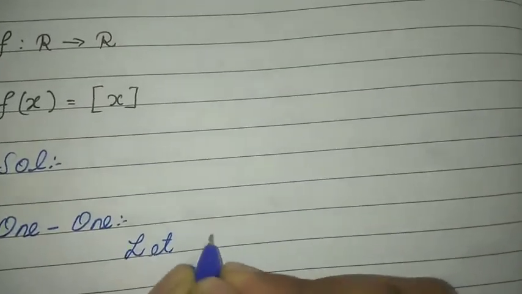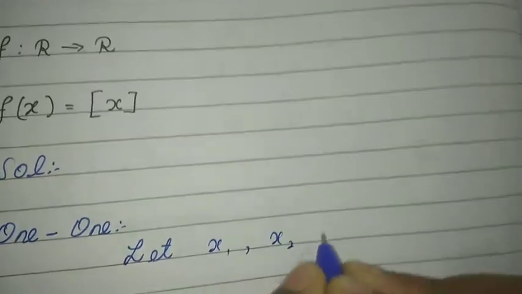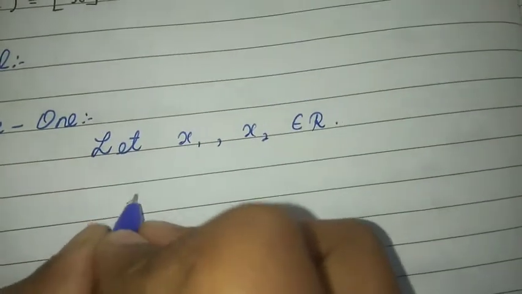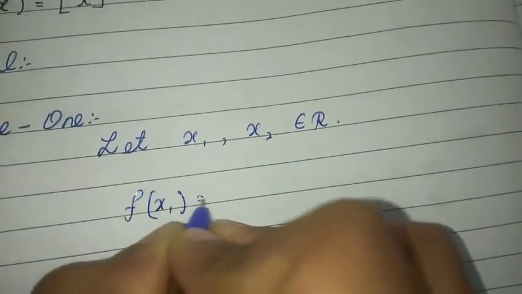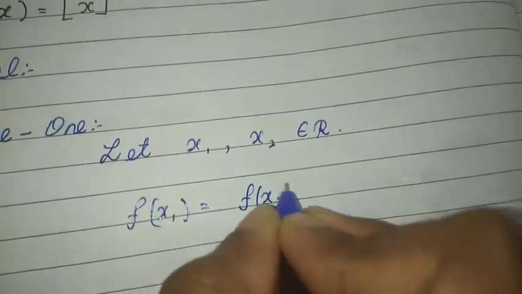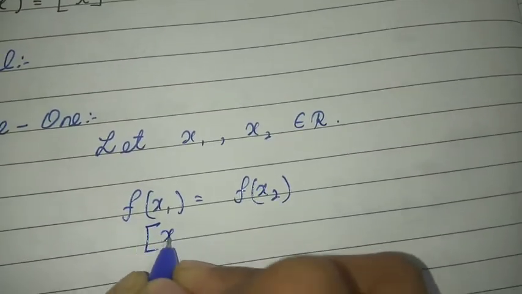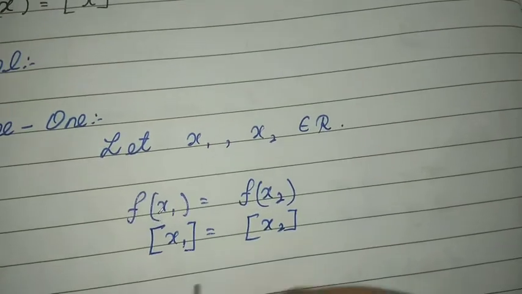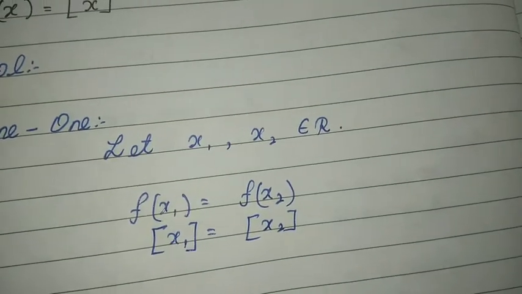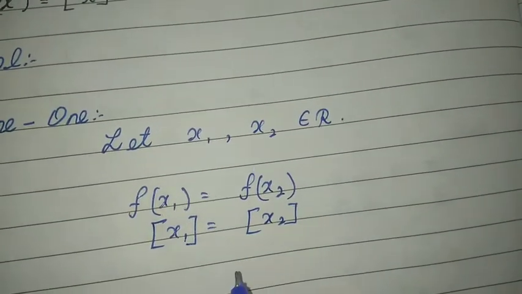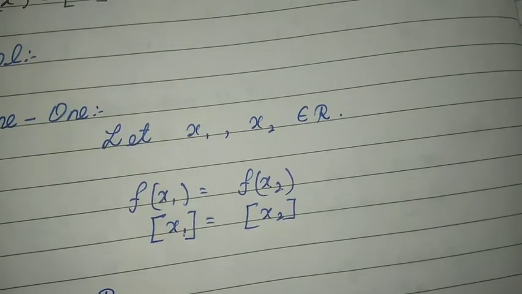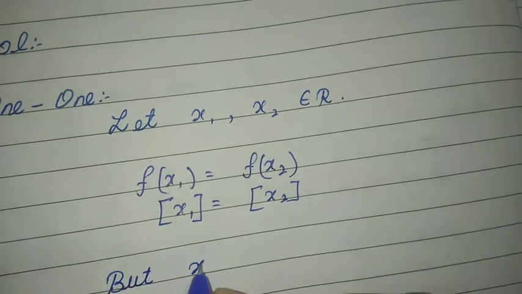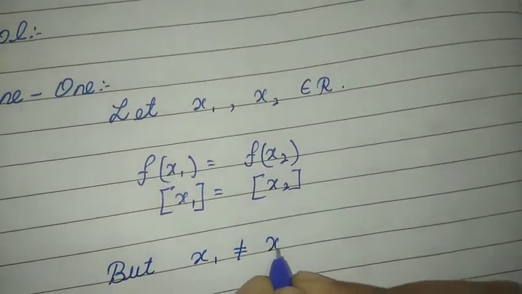Let x1, x2 belong to R. So f of x1 is equal to f of x2. So therefore greatest integer of x1 is equal to greatest integer of x2. So can we say that x1 is equal to x2? No. This greatest integer function may be equal, but x1 is not equal to x2.